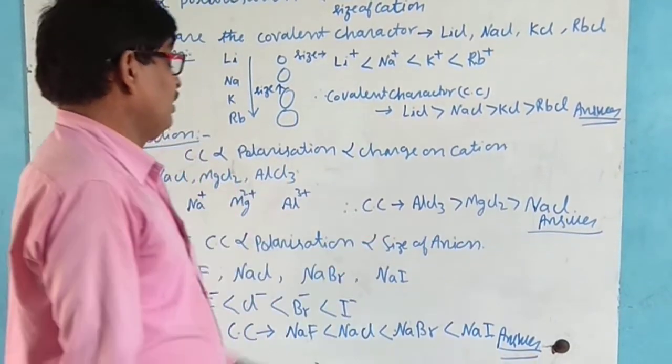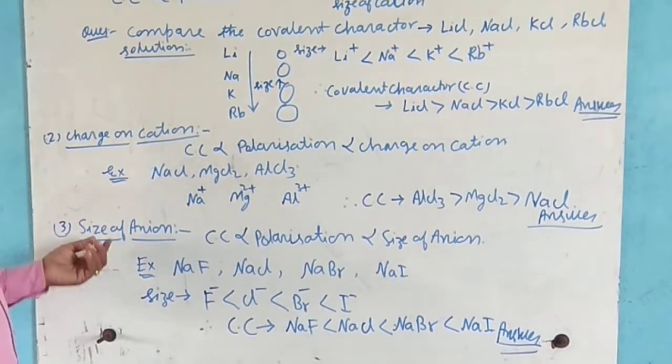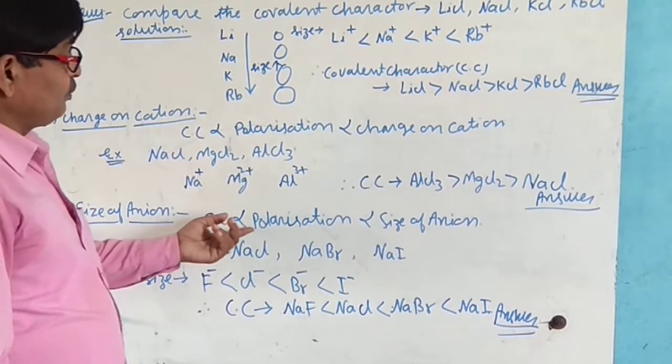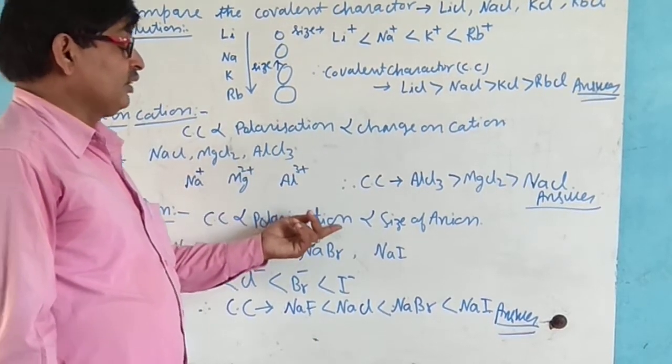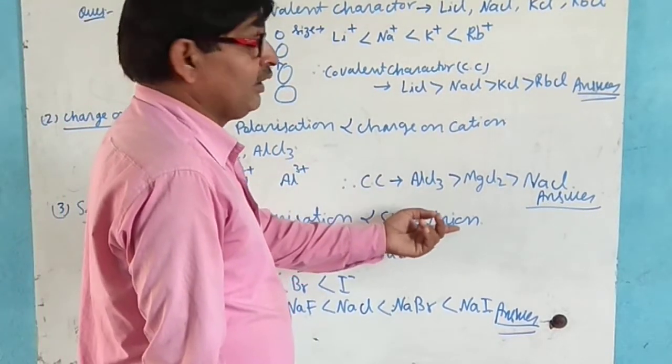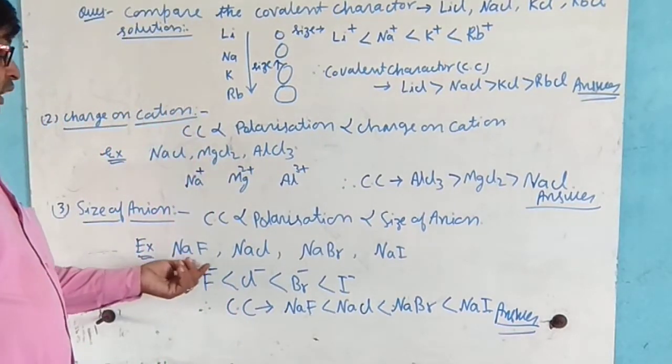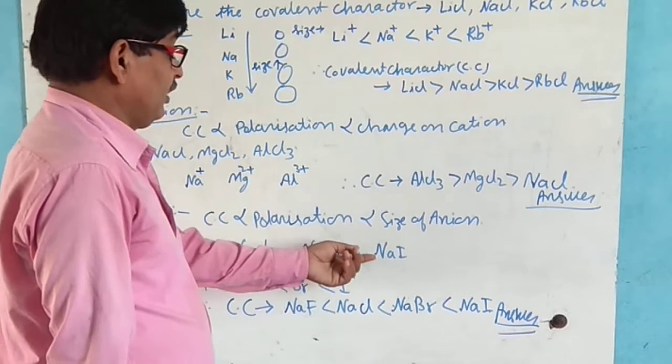Now, size of anion: covalent character is proportional to polarization, that is, proportional to the size of the anion. Sodium chloride NaCl, NaBr and NaI.